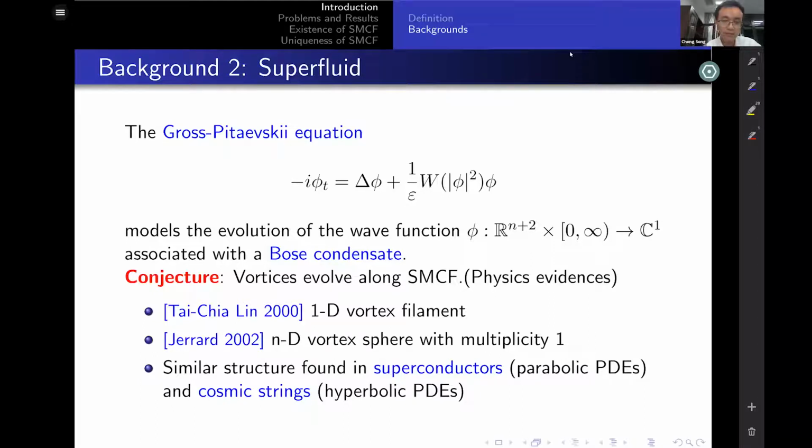And actually, besides this Schrodinger type Gross-Pitevsky equation, there are similar structures for parabolic PDEs and hyperbolic PDEs, which arise in different contexts of physics.